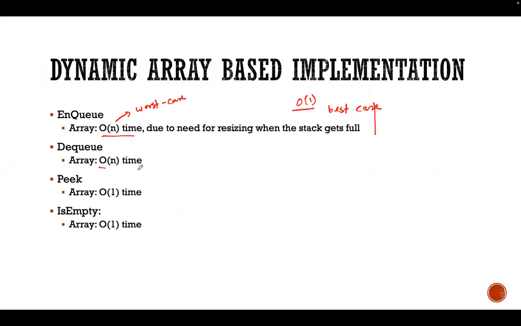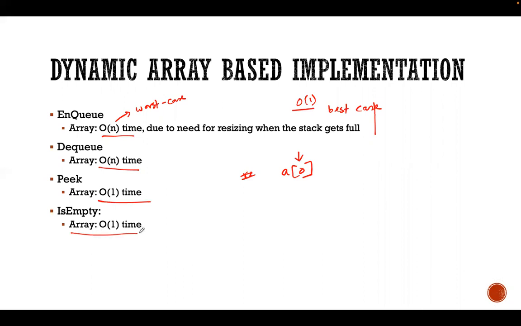So DQ is always order of n in both worst and best case. Peek means we want to look at the front of the array, so we're just going to see the value at index 0. So this is just one operation, order of 1.